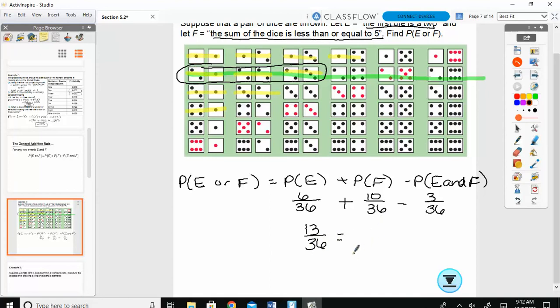I don't care if you give me fraction or decimal form. So we should get 13 out of 36 or 0.3611. Is that one okay?